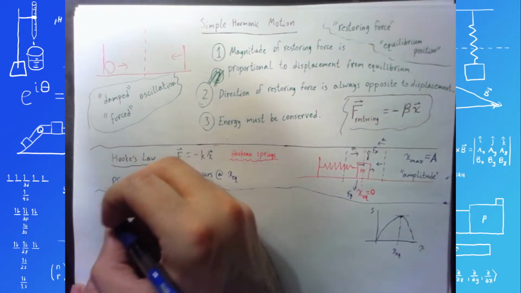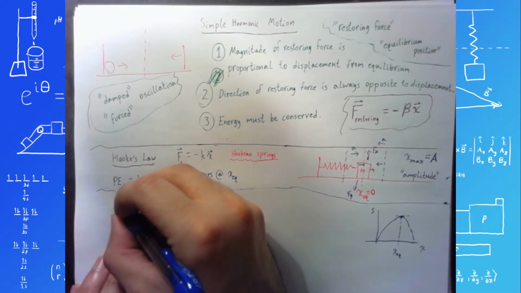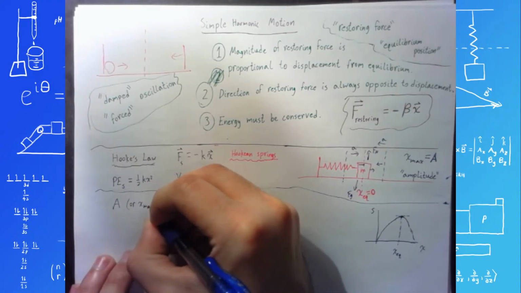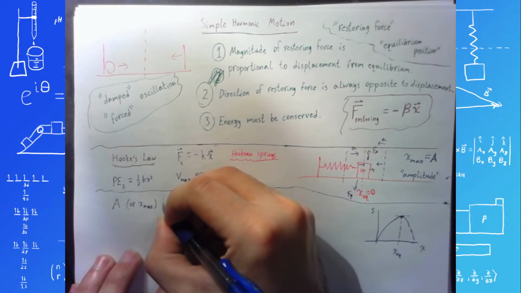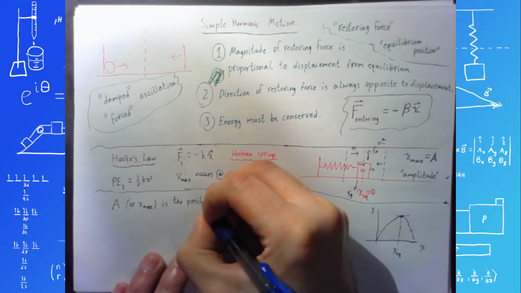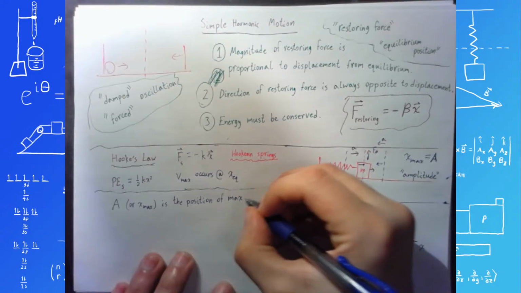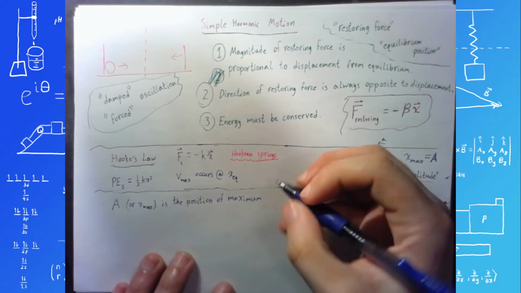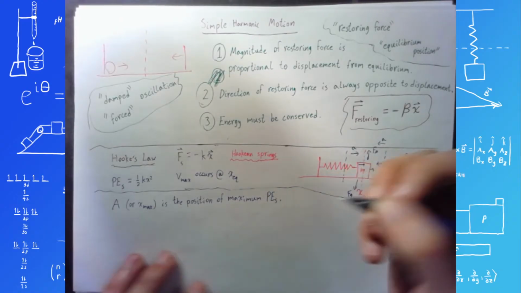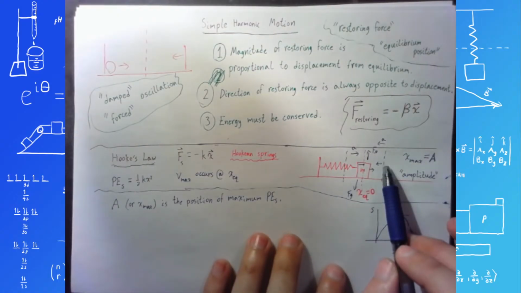So A, or x max, if you prefer to call it that, is the position of maximum potential energy. So we've got two positions where the potential energy is a maximum.